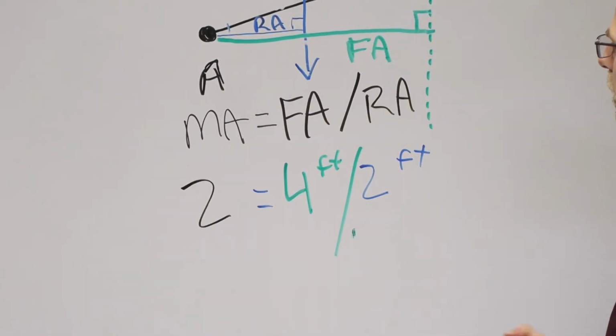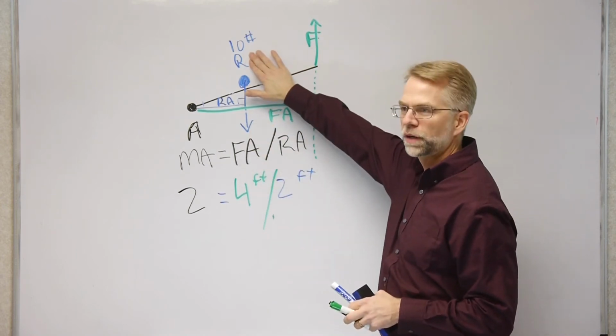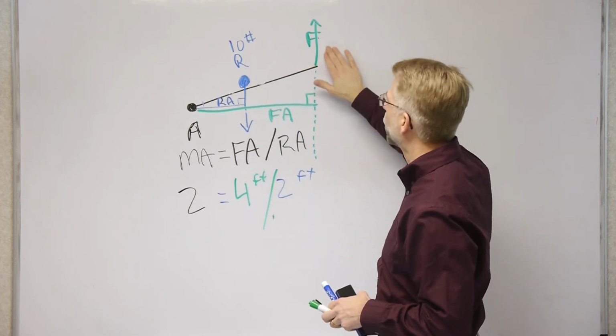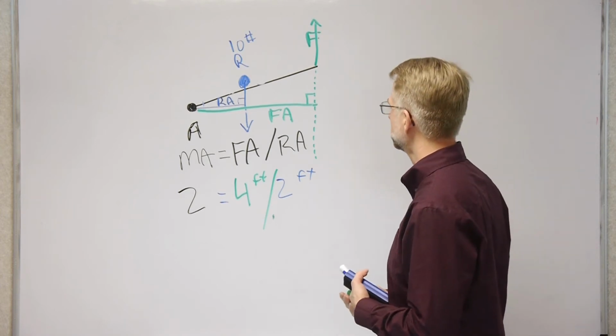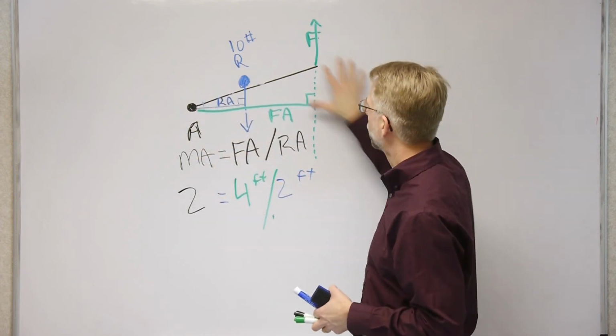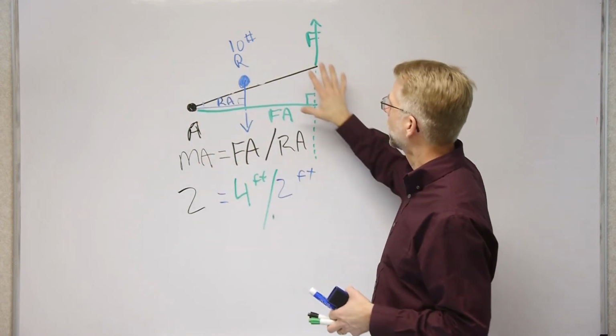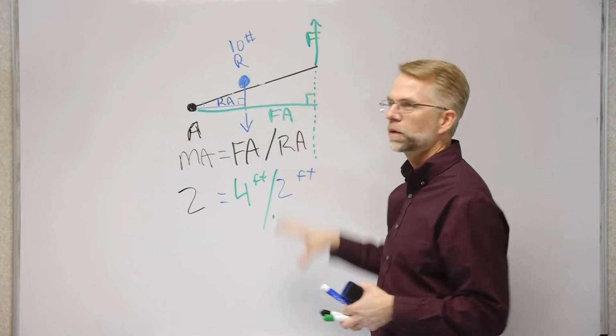Which makes sense with the numbers that we just looked at earlier, because for every 2 pounds of resistance that we lifted, we only needed 1 pound of force to actually lift it off the ground. So that, in a nutshell, is one way of looking at torque in a lever system and mechanical advantage.